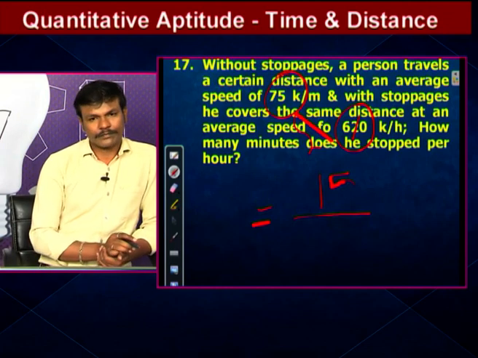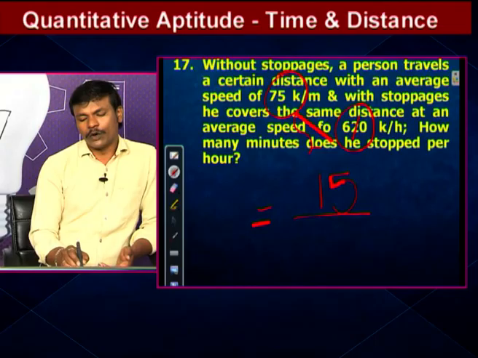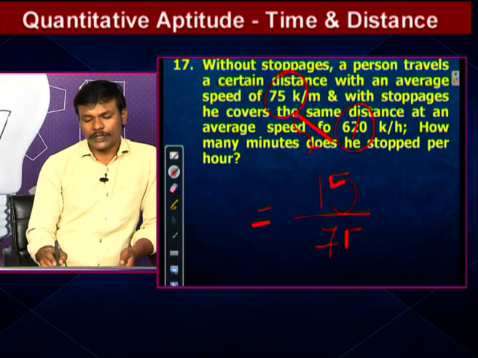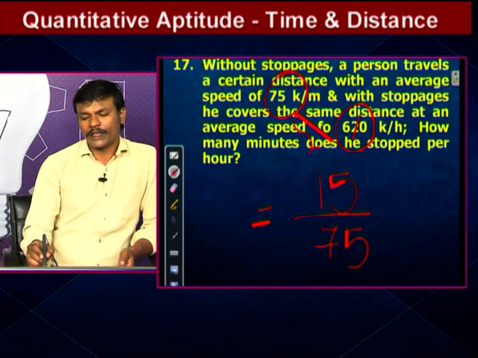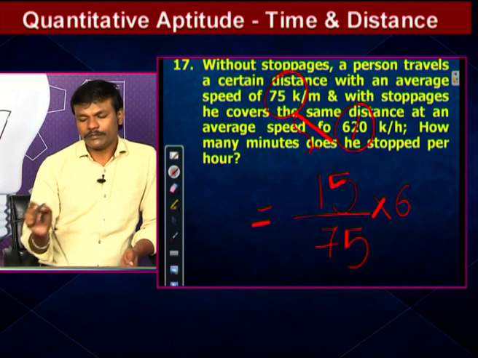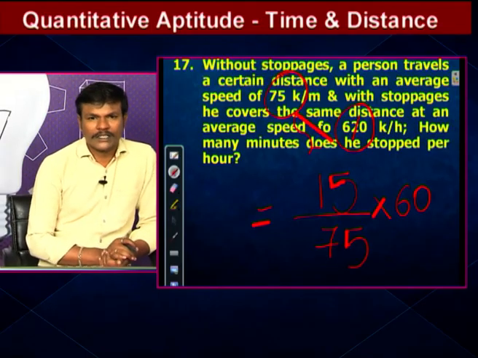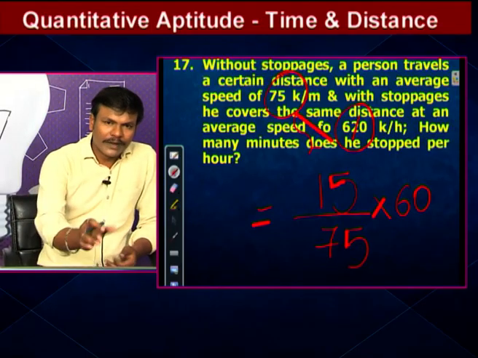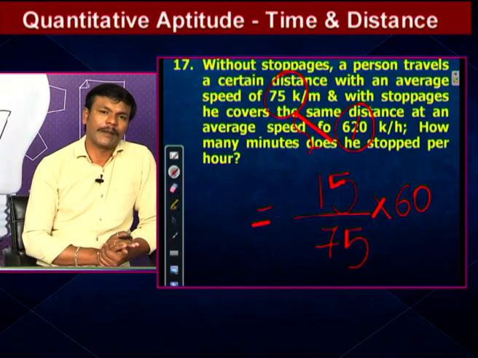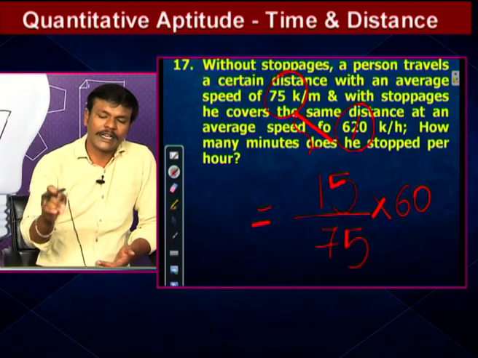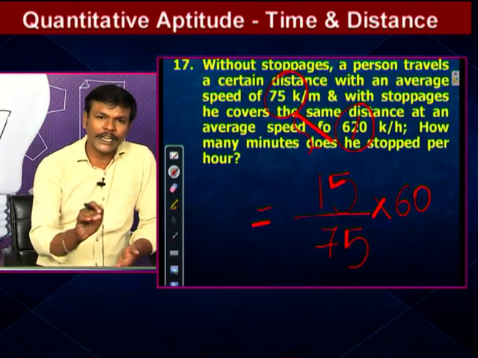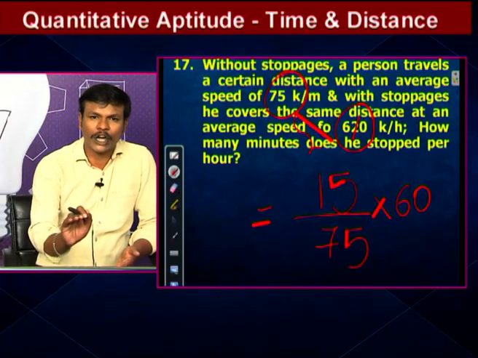So, 15 kilometers difference out of without stoppages speed 75; without stoppages speed 75 in an hour is 60. Don't memorize the formulas, just observe that without stoppages it is 75 out of 75. When he is stopped, he completes only 60, means 15 kilometers of time he stopped.